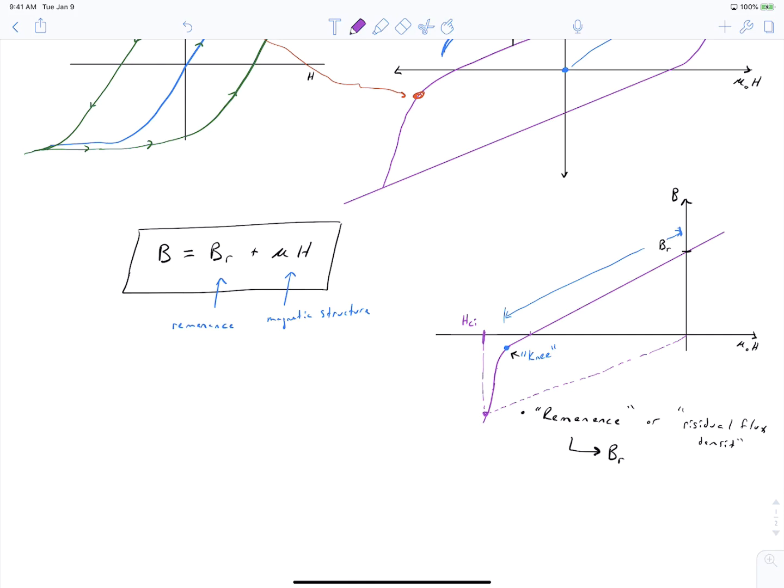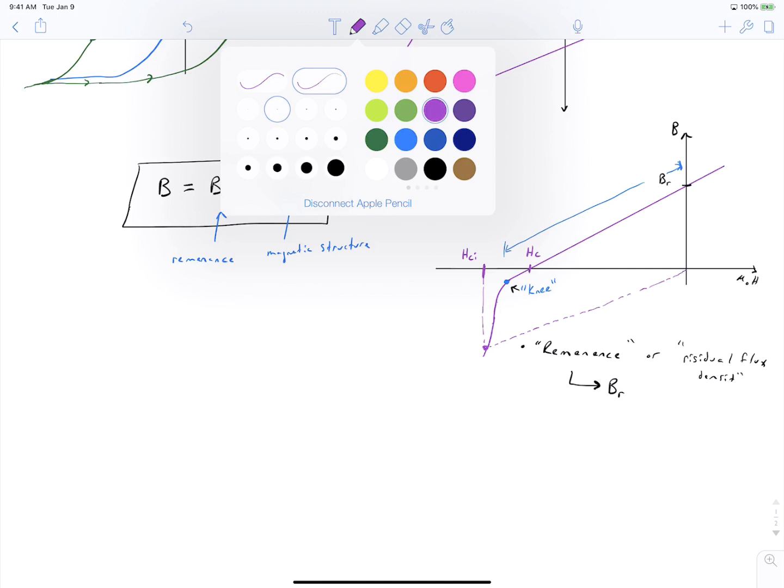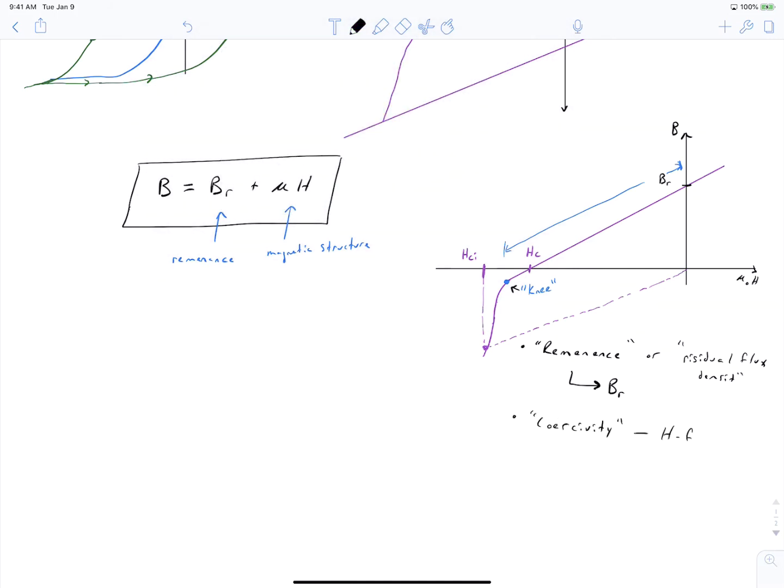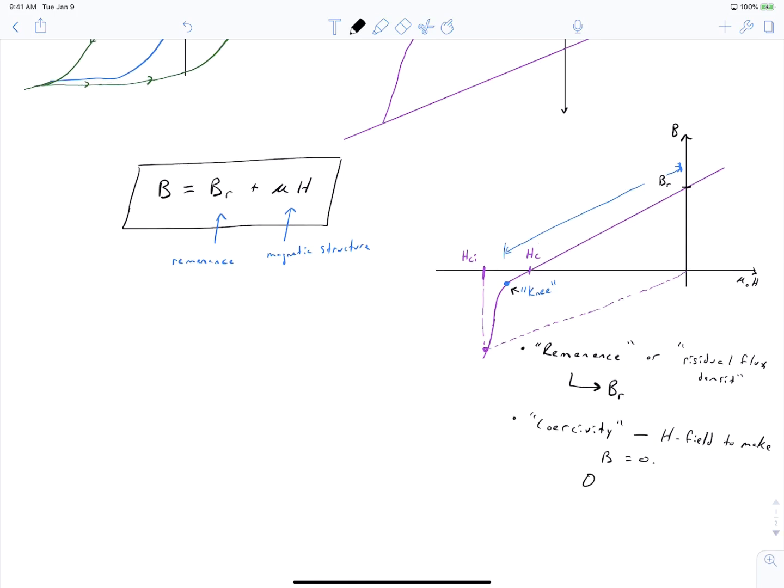The value of H that causes your magnetic field to cross the 0 Tesla line is referred to as your magnetic coercivity, and that's usually labeled as Hc. So let's add these definitions below. And the coercivity, we can calculate from our equation up here by saying 0 is equal to Br plus mu times H when H is equal to Hc. And if we solve this, we get Hc is equal to negative Br by mu.